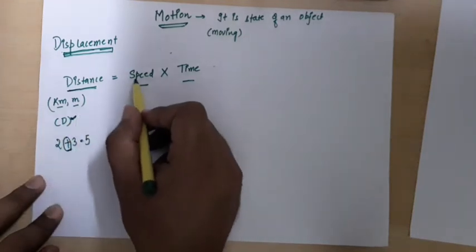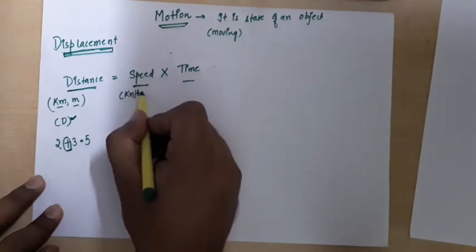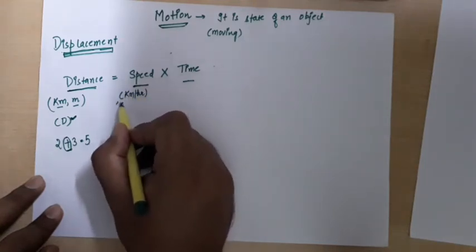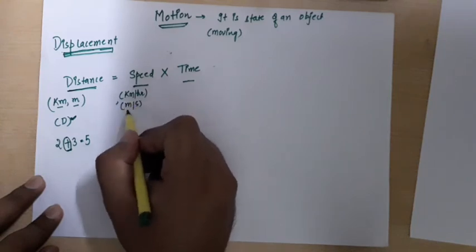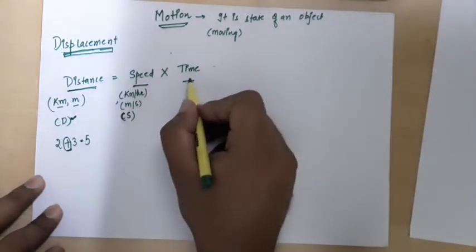And speed is measured in kilometer per hour. Its unit is kilometer per hour, or sometimes meter per second we will use in this chapter, and its denoting symbol is capital S. And what about time?